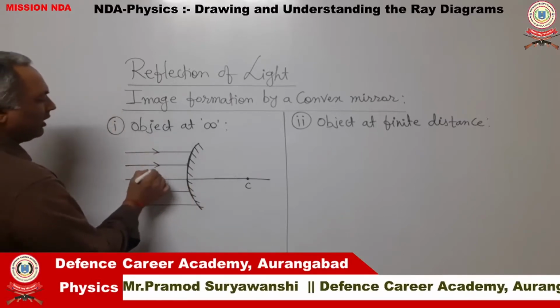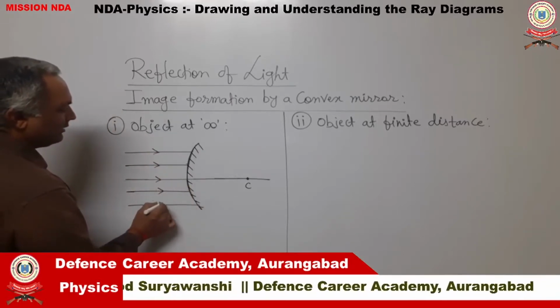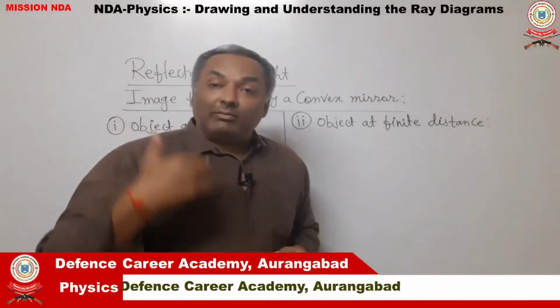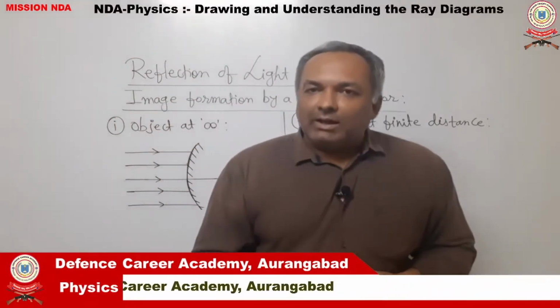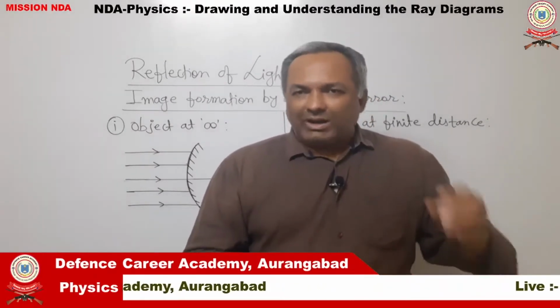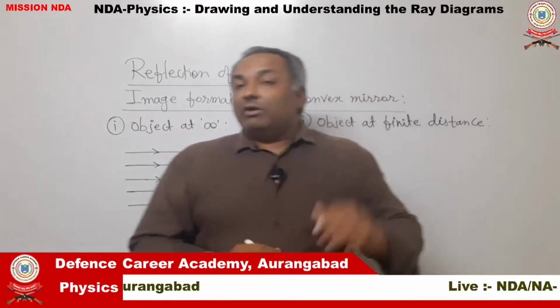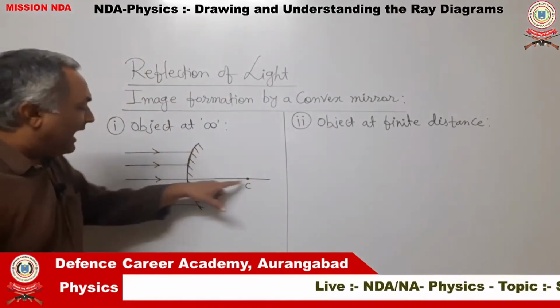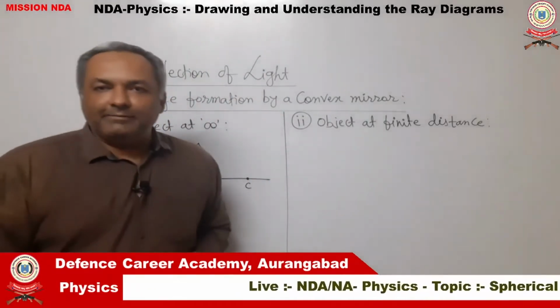So when you say object at infinity, it also means that the rays coming from that object will be parallel to each other either exactly or approximately, and they can also be assumed to be parallel to the principal axis of the mirror.